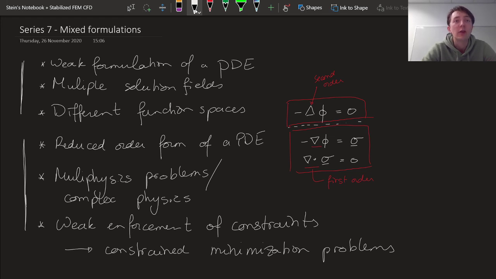And so these are three reasons why we might have to deal with mixed formulations. And I think that the Stokes equation falls most naturally in the last one, that we have a certain constraint that we want to enforce. And then actually what we'll see is that the pressure sort of originates as a Lagrange multiplier for a certain constraint.